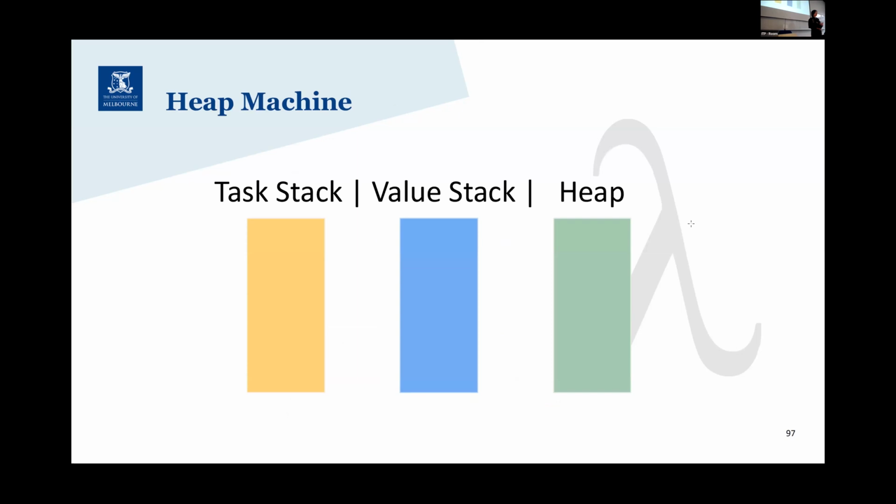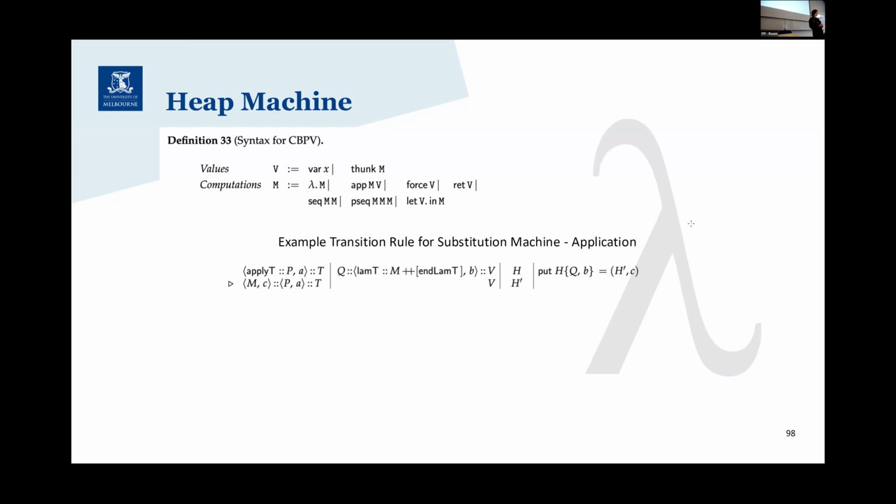And after which we further formalized a heap machine. The heap machine is very similar. It has a task stack and a value stack, but on top of that, it has a heap as well. So in this case, the heap machine is different in that it doesn't eagerly substitute everything straight away, but it actually puts the value onto the heap instead.